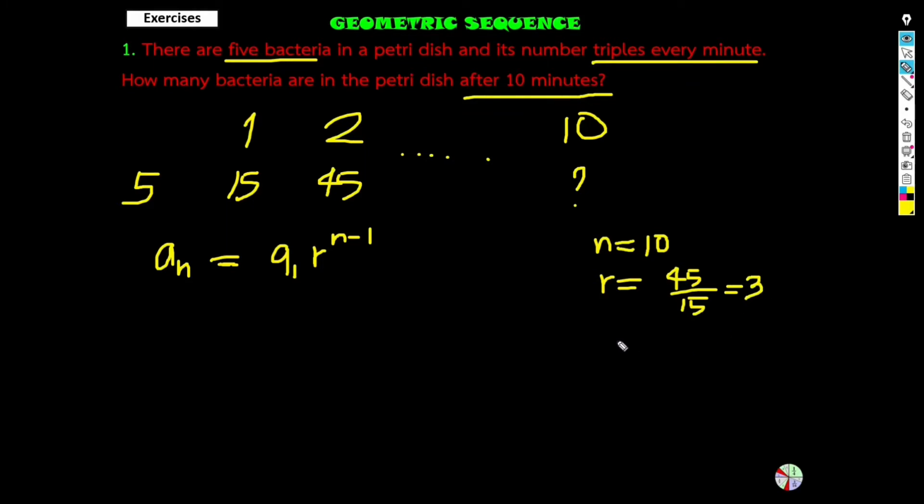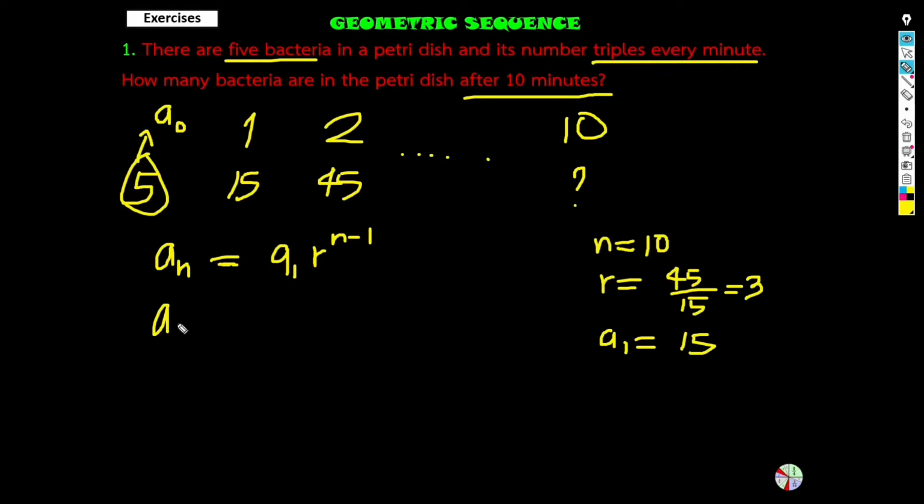And a sub 1 is just equal to 15. The 5 here is considered as a sub 0, because a sub 1 must start in the first minute. So let's solve this one.